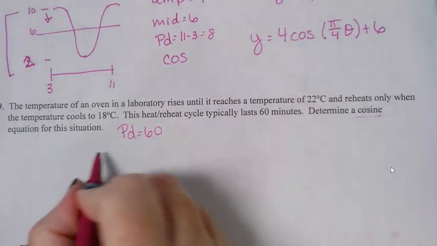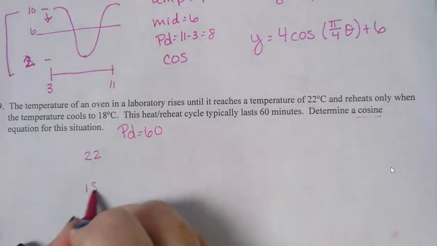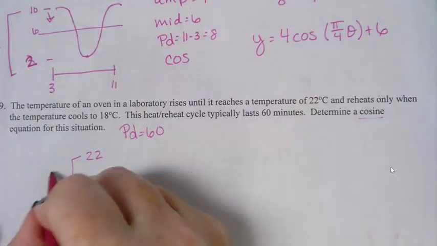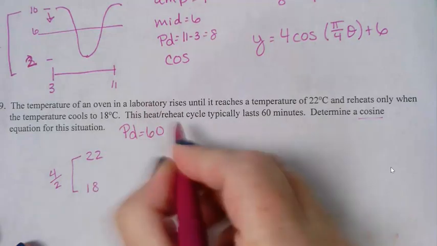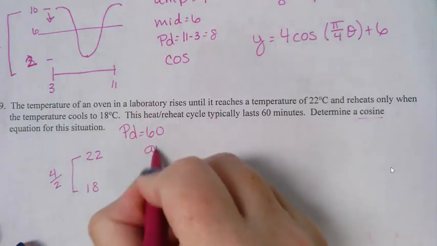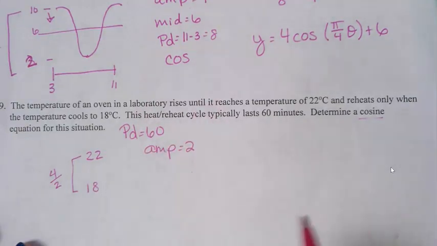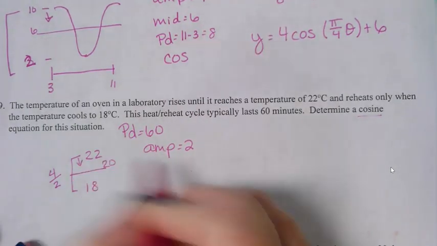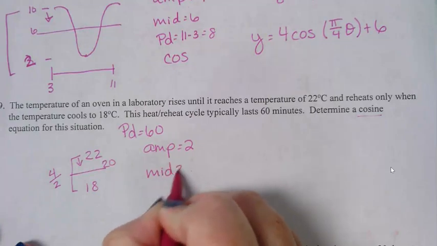Now, the high is 22, the low is 18. So how far apart are we? And the answer is 4. Divide by 2. So my amp is 2. Okay, go down 2 and we get 20. So my midline is 20.